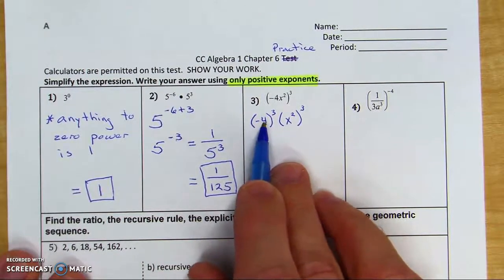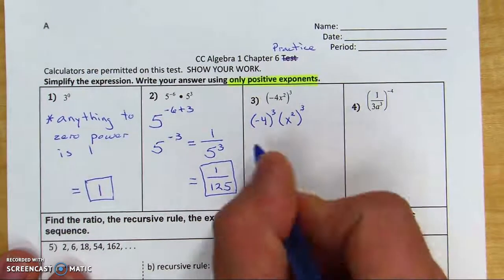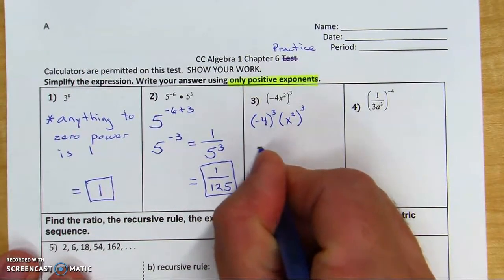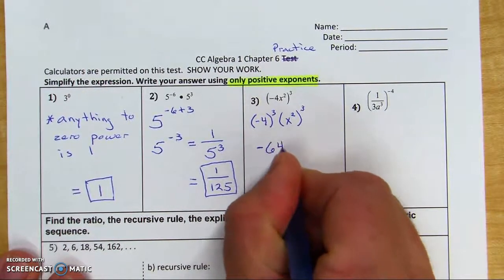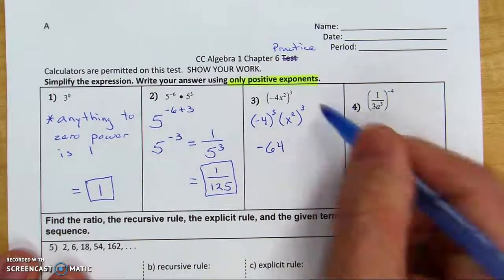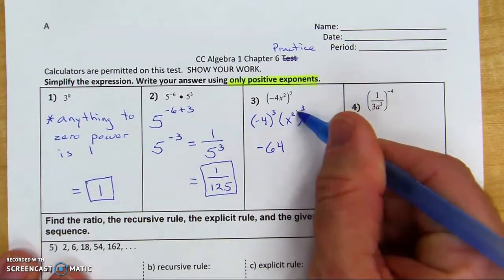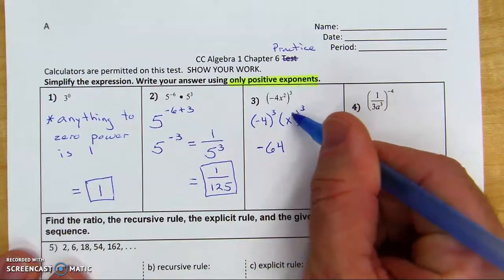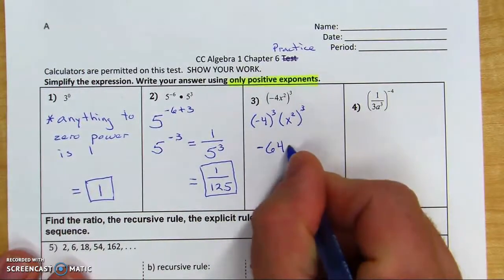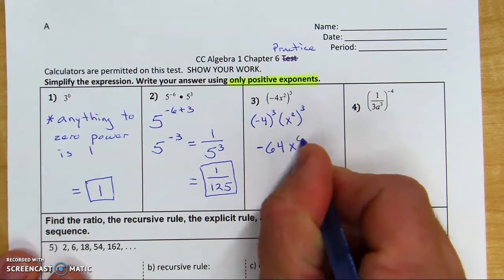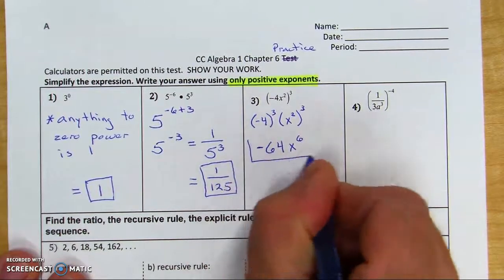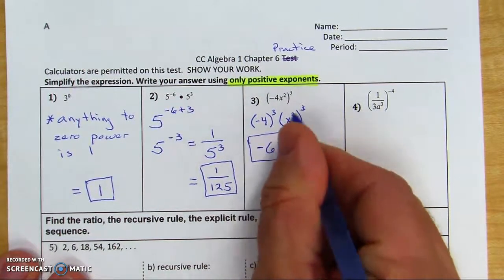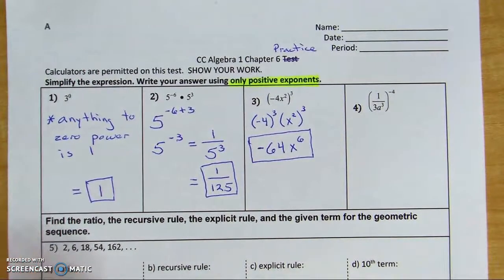So negative 4 times negative 4 times negative 4 is going to be negative 64. And then over here, when you have a power to a power, we multiply those. So it's 2 times 3. 2 times 3 is 6. So that would be your answer there. We're multiplying power to a power.